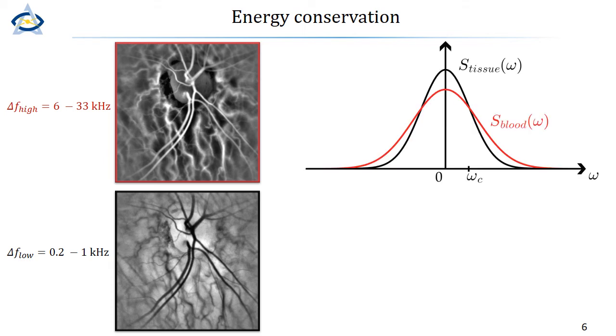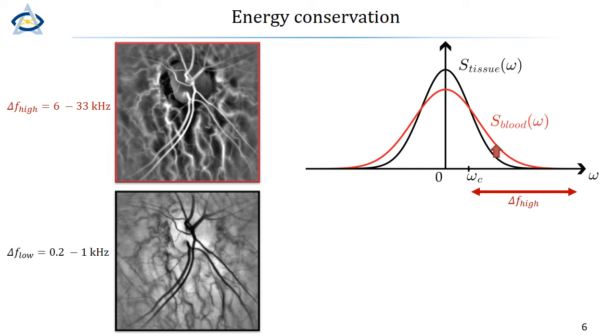If you represent schematically the power spectrum density of the light scattered in either blood and tissue, it will look something like this. At high frequencies, of course, the power spectrum density is greater for light scattered in blood, because there has been more Doppler frequency shift, a large frequency shift. So there's more Doppler broadening, there's more energy.